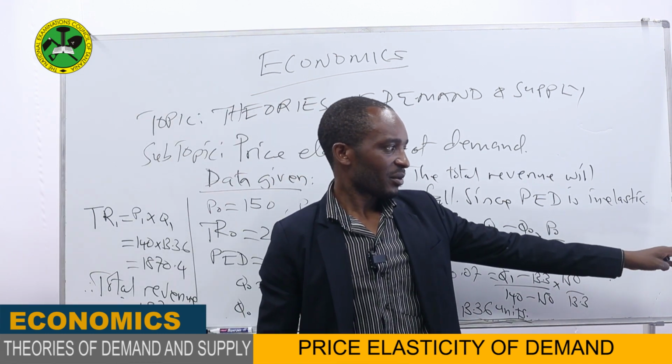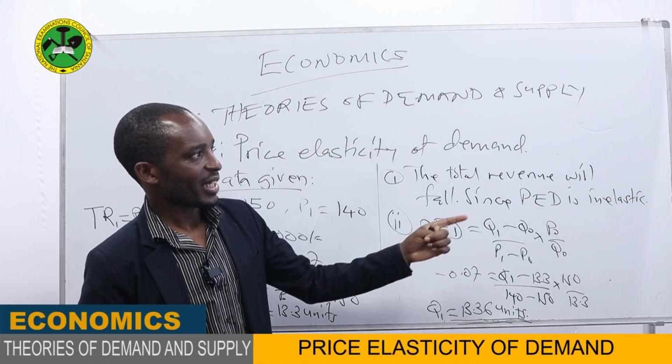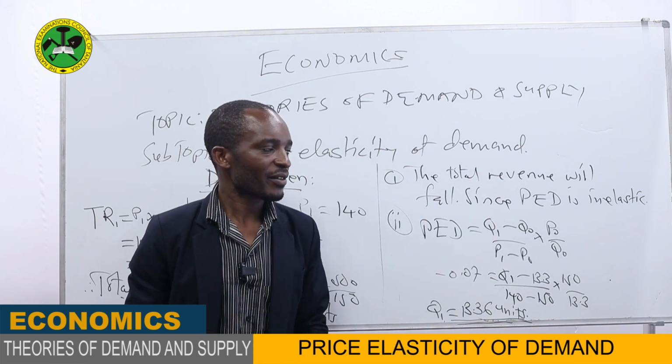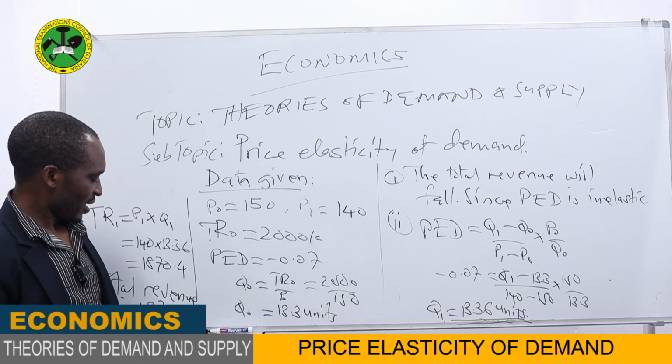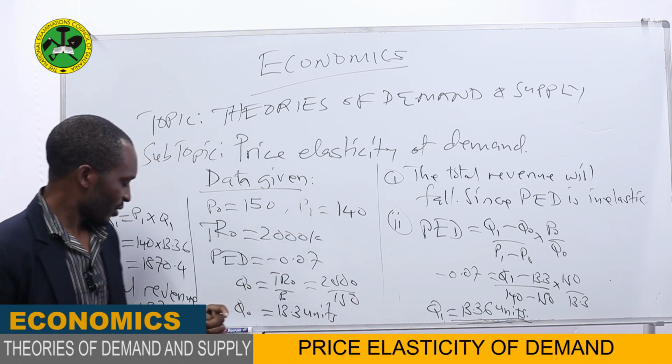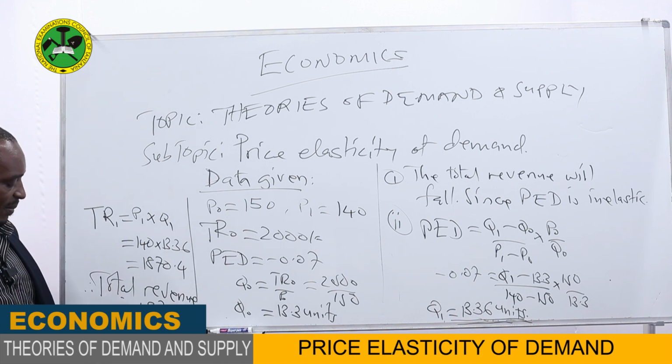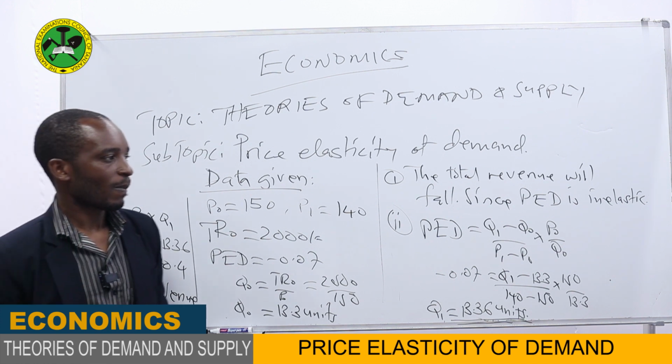So here we proved that as the price falls from 150 to 140, the total revenue declined from 2,000 to 1,870.4.